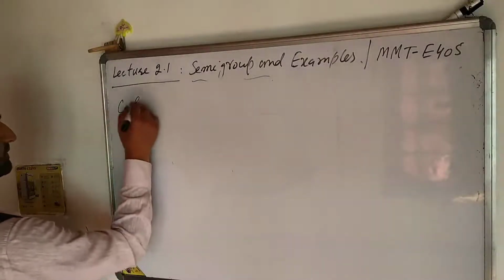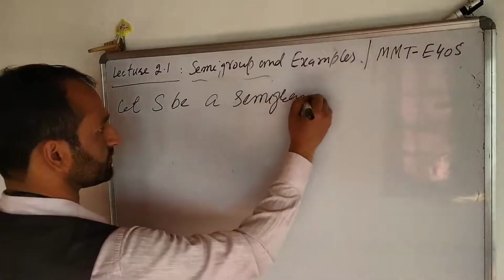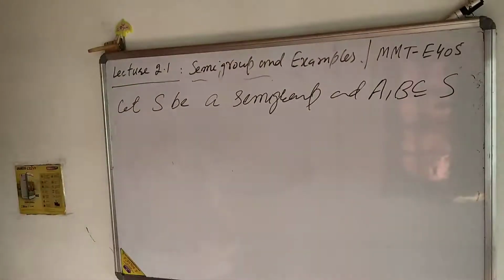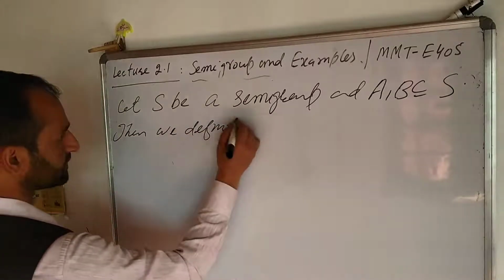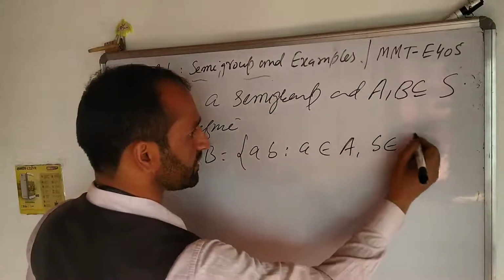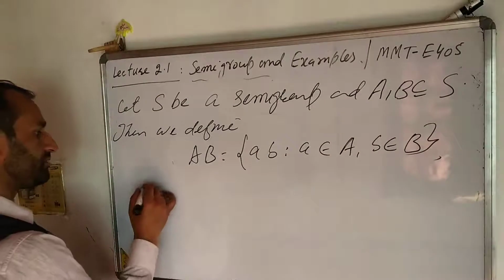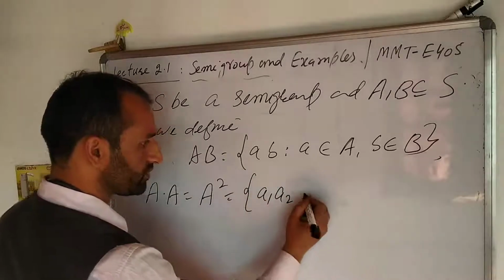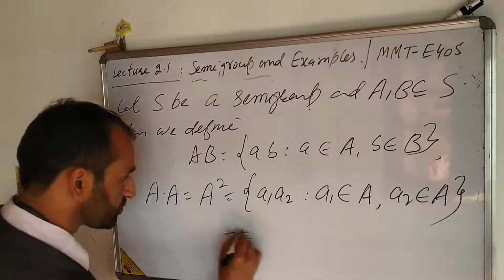Let S be a semigroup and A, B be subsets of S. Suppose they are any subsets of S. Then we define AB as the set of products ab such that a is in A, b is in B. If you want to define A times A, which we denote by A square, it is equal to a1 a2 such that a1 belongs to A and a2 belongs to A.